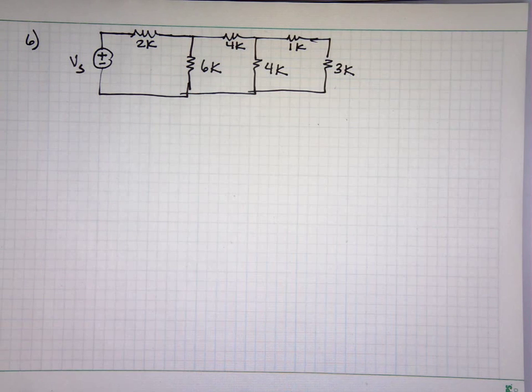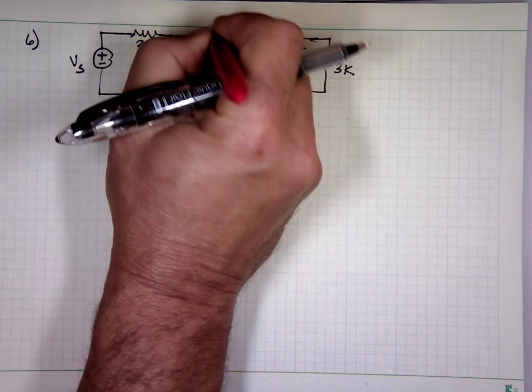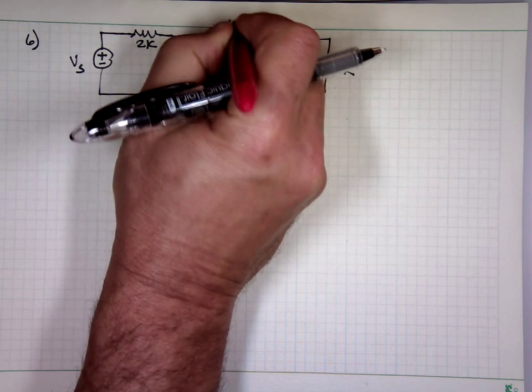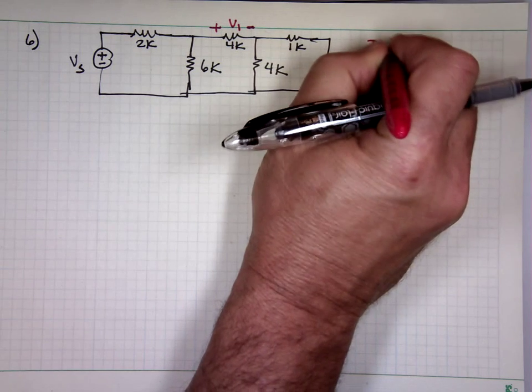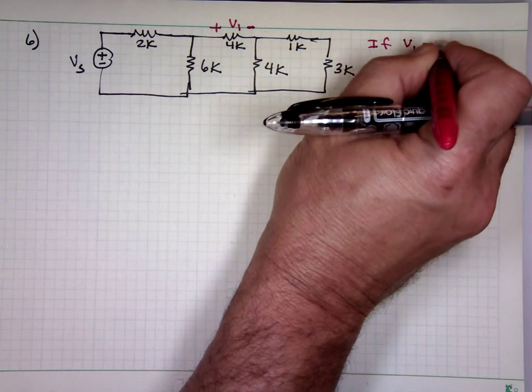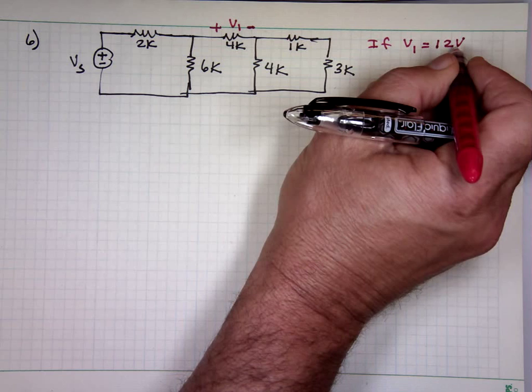And the question: if V1 is right here, if V1 is equal to 12 volts, can you find VS?